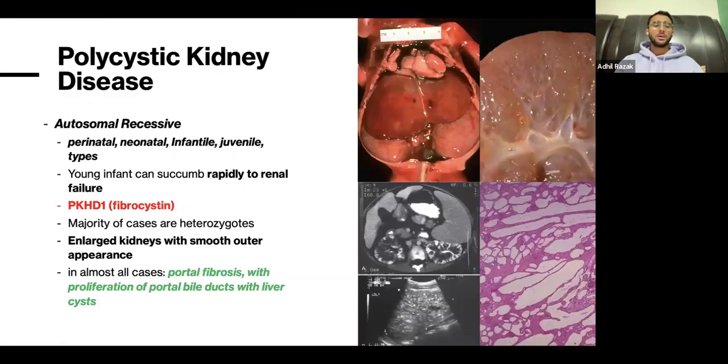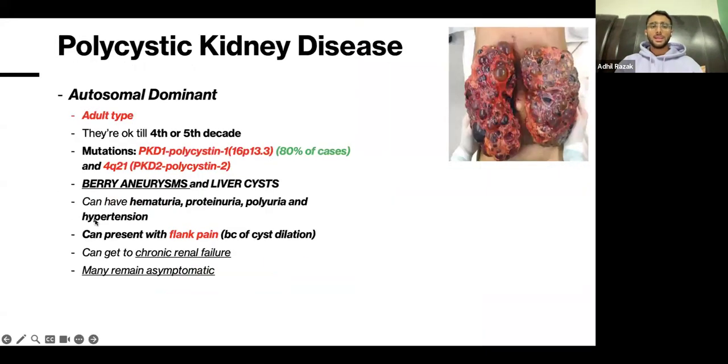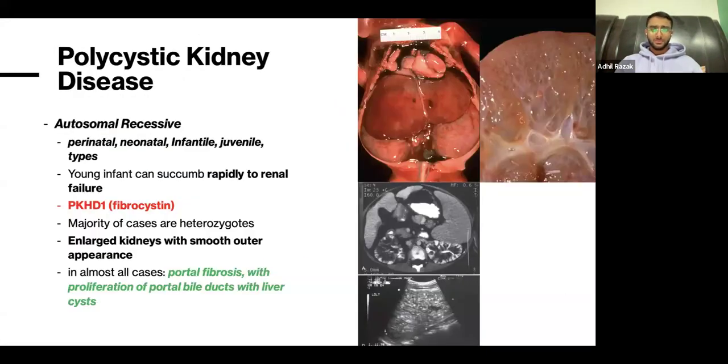So the affected mutation is PKHD1, compared to PKD1. When the H pops up, it's the autosomal recessive infant version of polycystic kidney disease. Majority of the cases are heterozygous. There are enlarged kidneys with a smooth outer appearance. As you can see, the kidneys are very smooth and huge in the gross image right here.